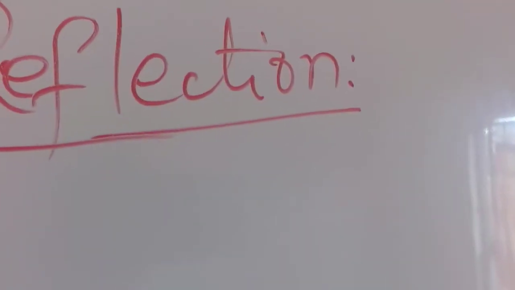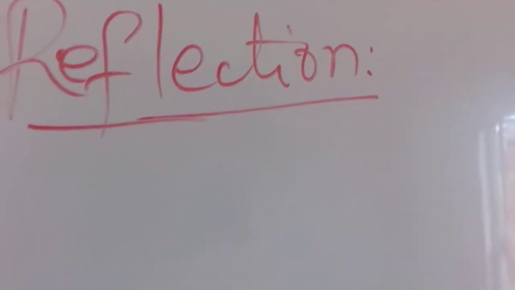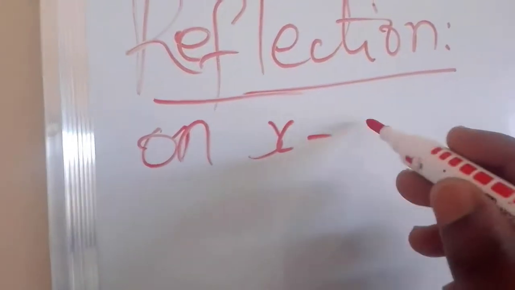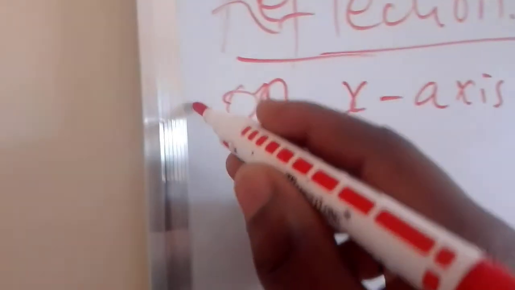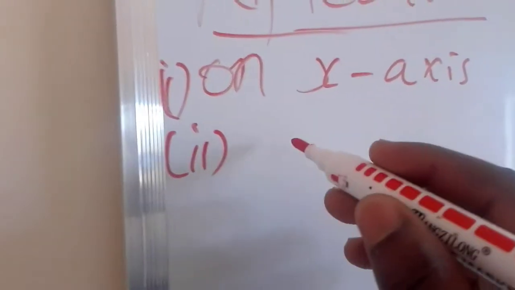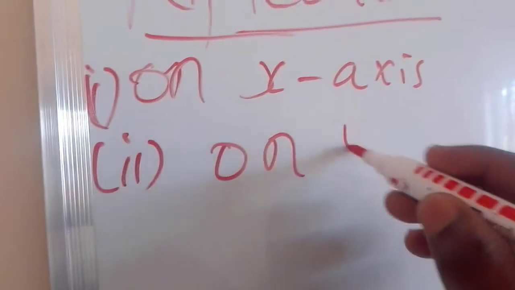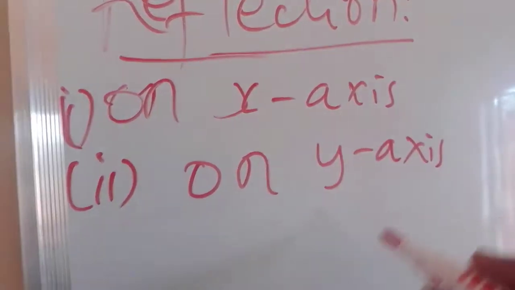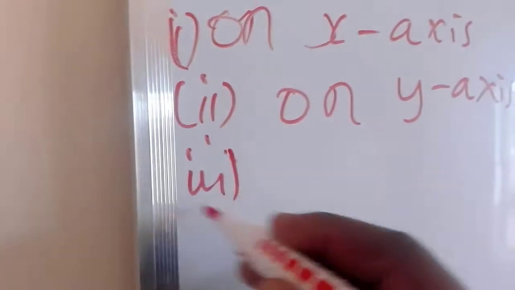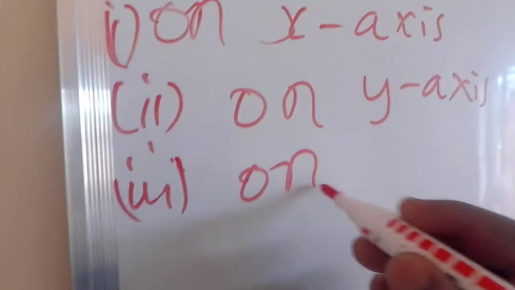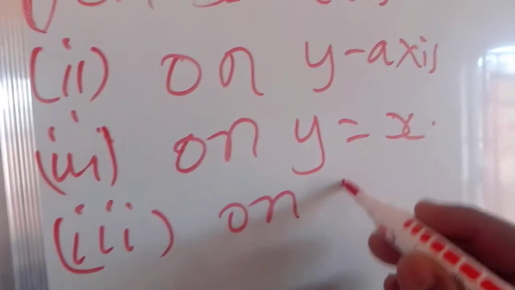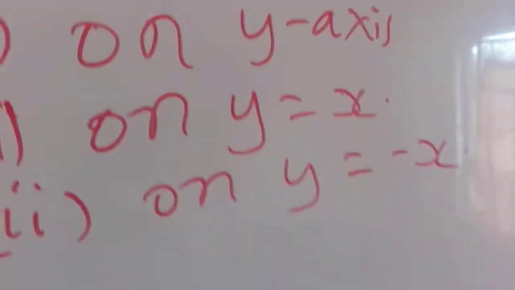When you reflect points, the point can be reflected either on the x-axis, that is 1, or on the y-axis, that is 2, or 3, on y equals x, or on y equals negative x.